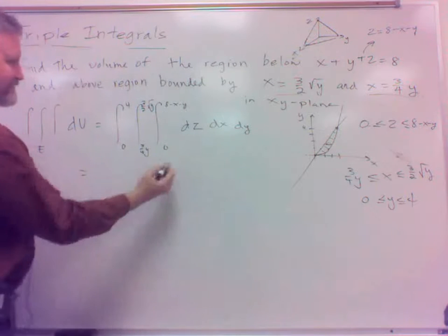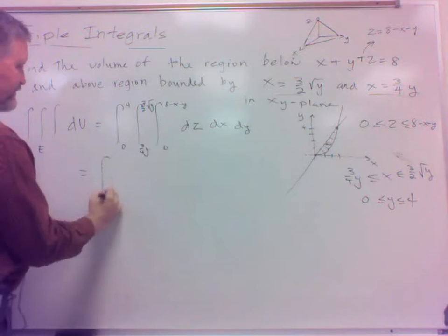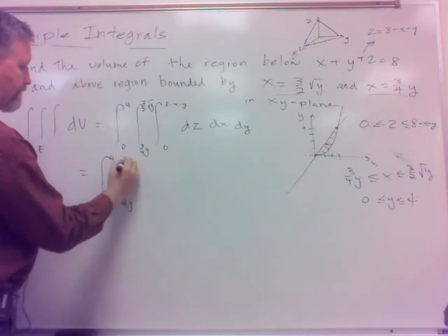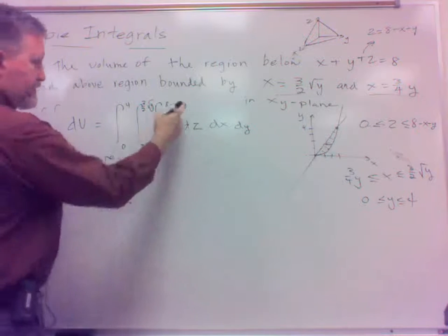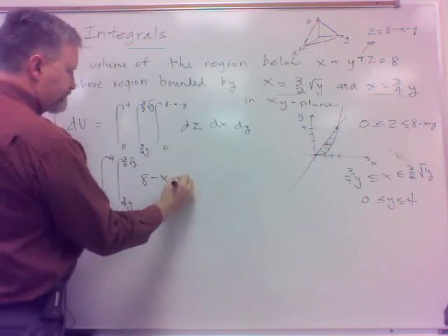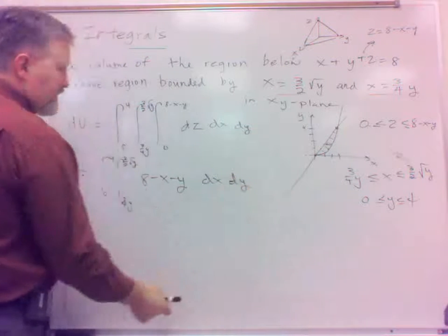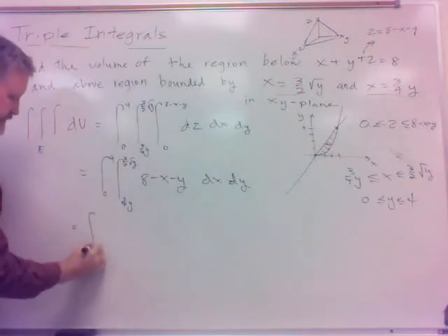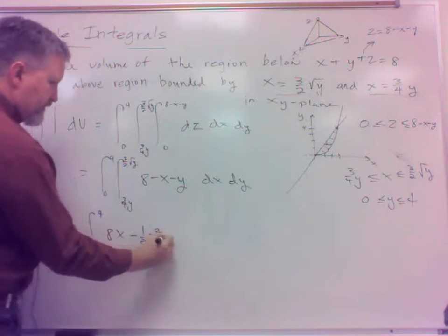All right. So it's just 1, so it'd just be z. Just plug that in: 8 minus x minus y. But we said we're doing the x's next, so that would be 8x minus 1/2 x squared minus xy.